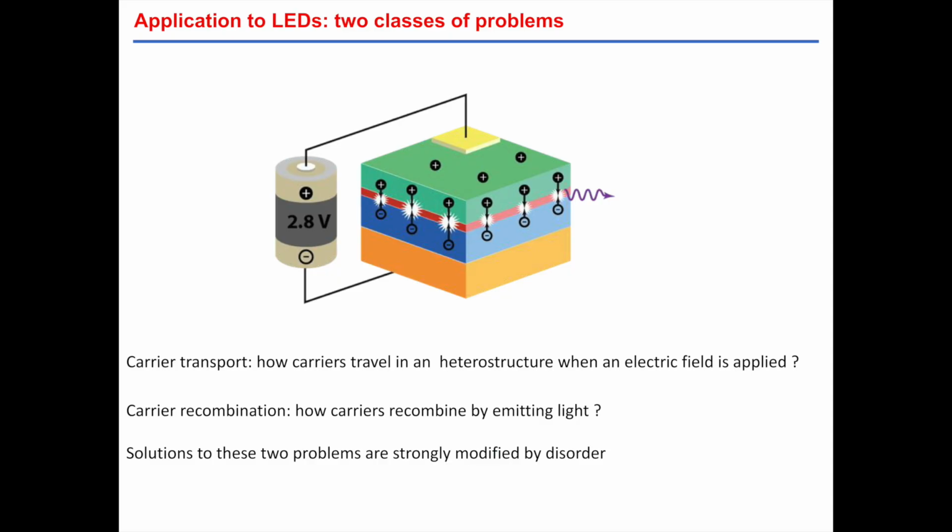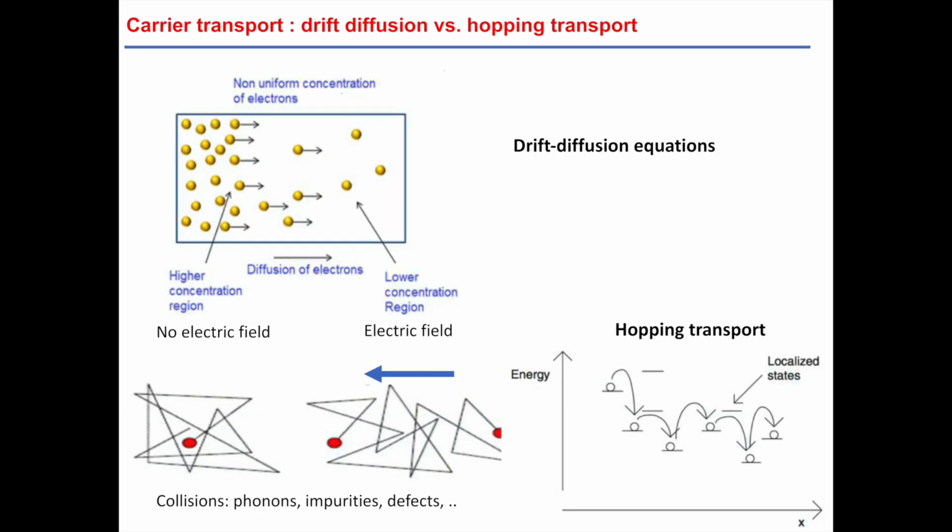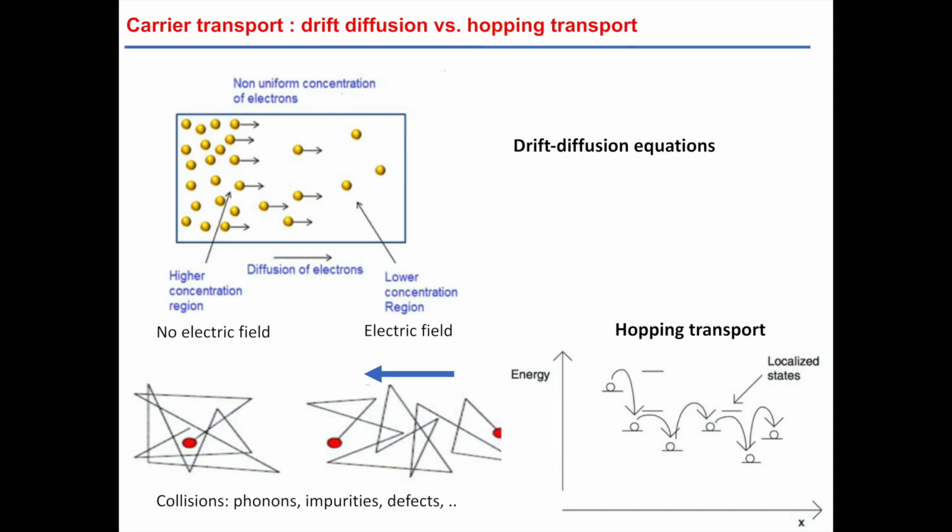So now let's go to the real stuff, which is devices. What happens indeed when we apply an electric voltage to an LED, which is again those multilayers of gallium nitride and indium gallium nitride. So you put voltage, of course you will get a current. You have to be able to describe the transport of carriers in the device. There we start already to have a problem.